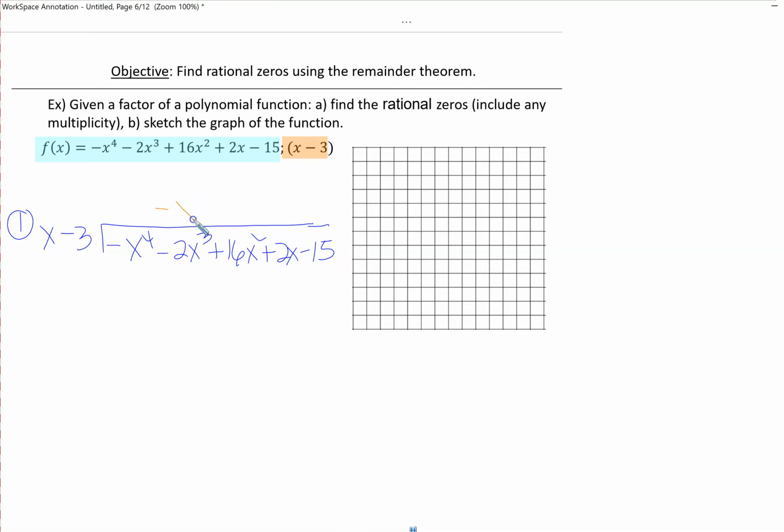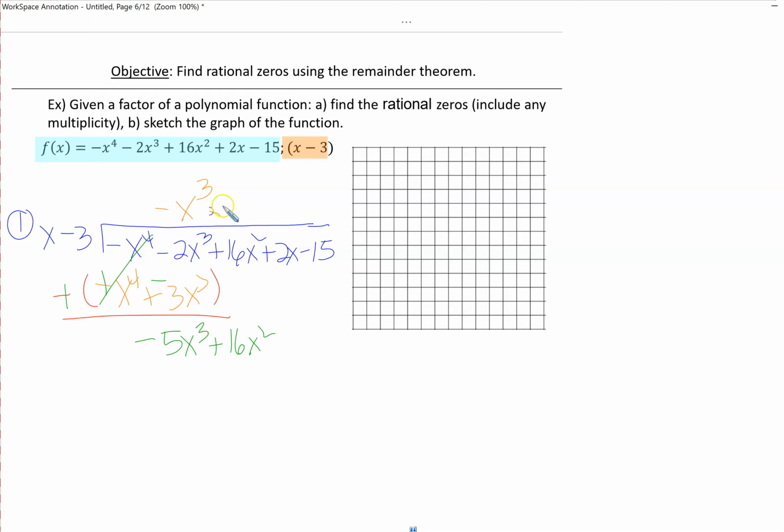X times negative x cubed would be negative x to the fourth, and that would also give us a plus 3x cubed. We are going to subtract, remember, so changing those signs, it's going to give us a positive x to the fourth and a negative 3x cubed. These would be 0. Negative 2 plus negative 3 is negative 5x cubed. Bring down the 16x squared.